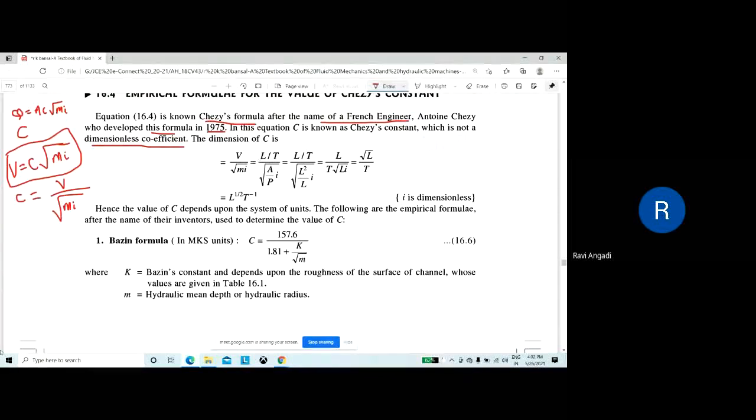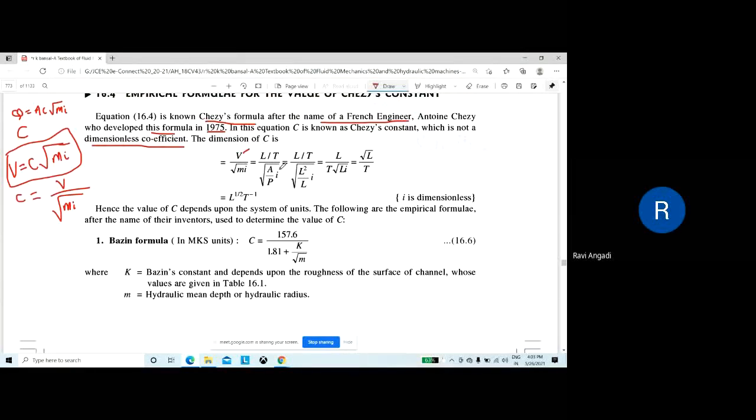When we substitute the dimensions for the velocity and the other parameters like hydraulic radius and i, velocity, as you know, is distance by time, so it can be written as length by time. The hydraulic radius is the ratio of area by wetted perimeter, and i is the bed slope.